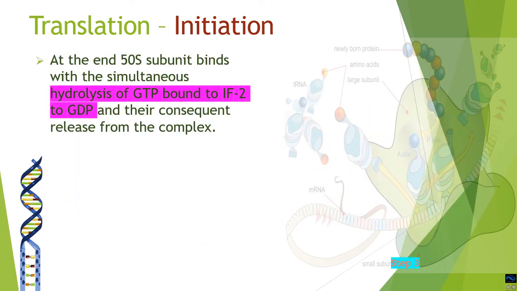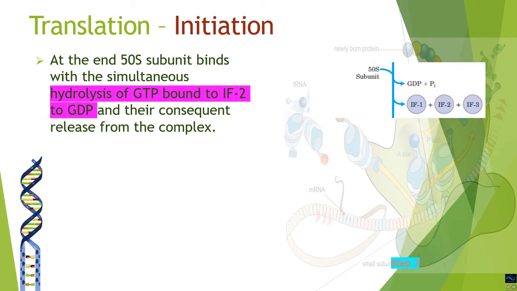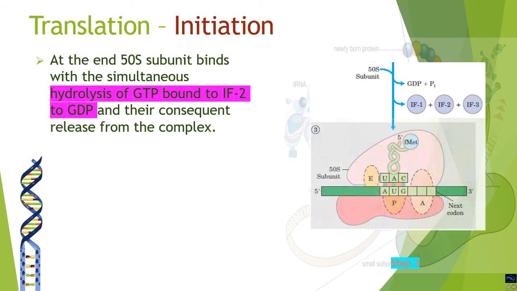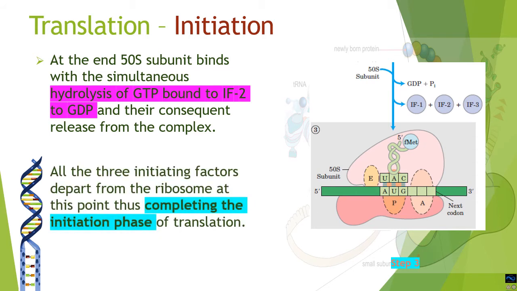When IF3 is released, the 50S subunit is able to interact with the 30S subunit and make a complete assembly of the ribosome, so that the initiation process can now be said to be completing.